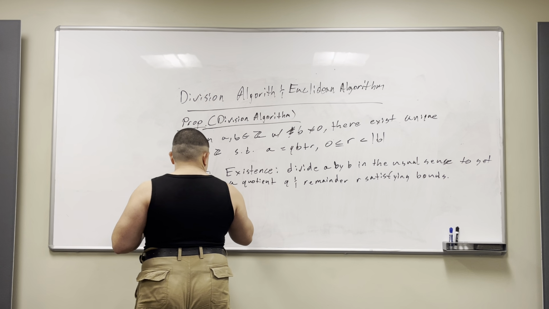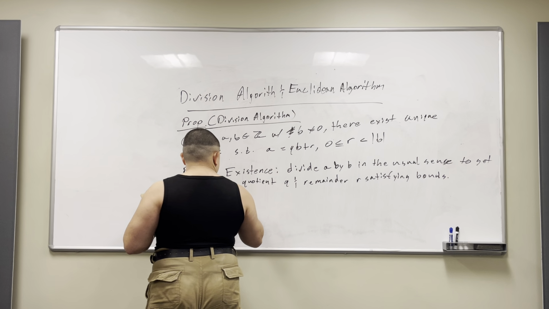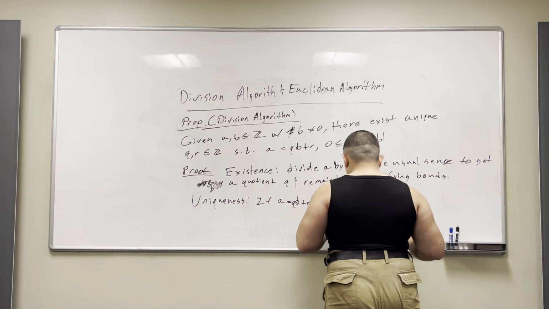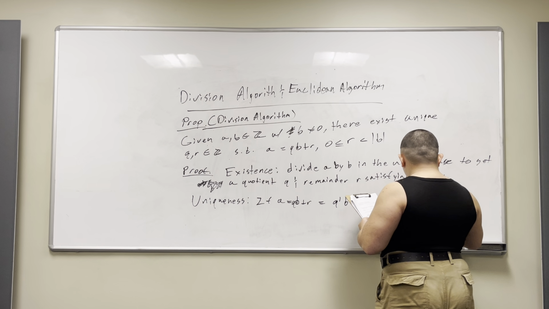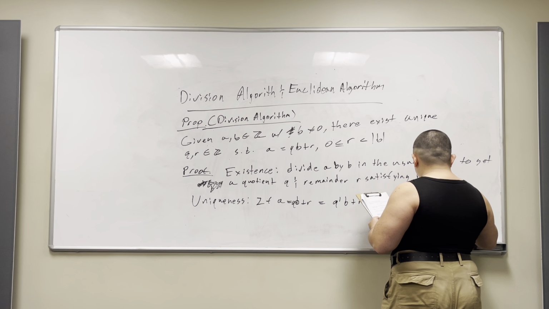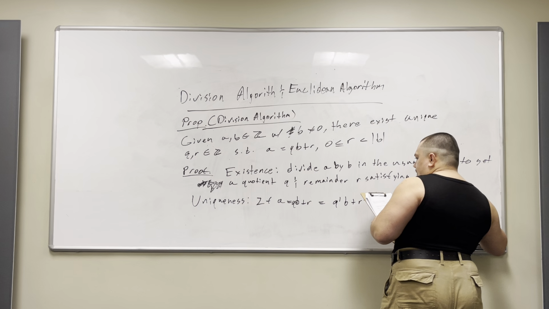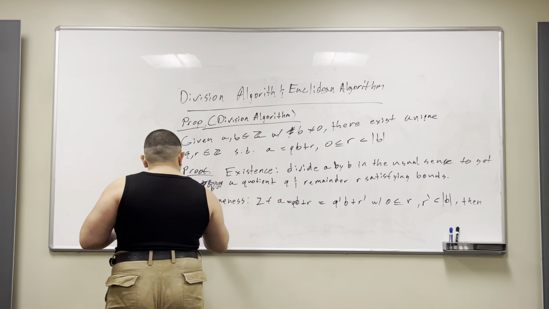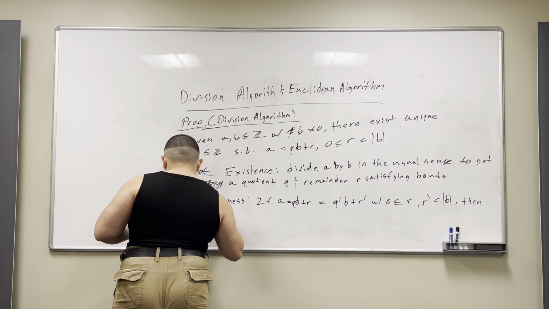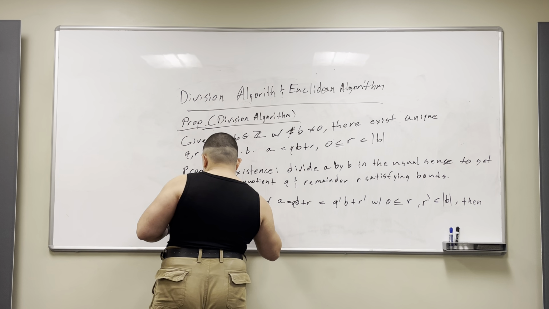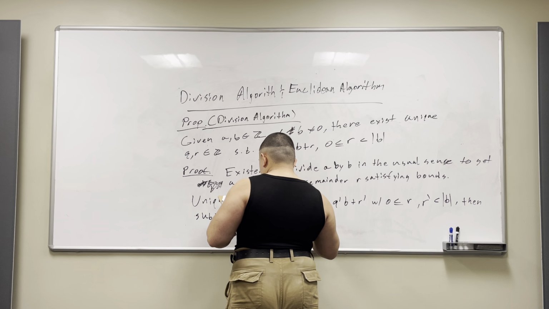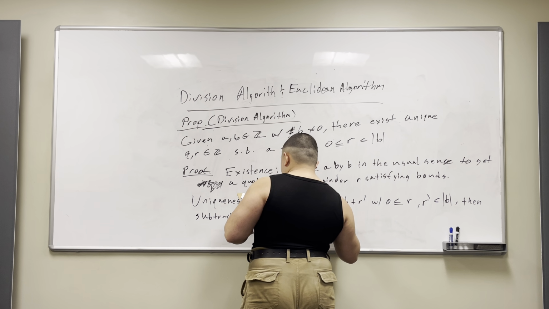Uniqueness. If a is equal to qb plus r, which is equal to q prime b plus r prime, with 0 less than or equal to r, r prime being less than the absolute value of b, then subtracting gives q minus q prime times b, which is equal to r prime minus r.